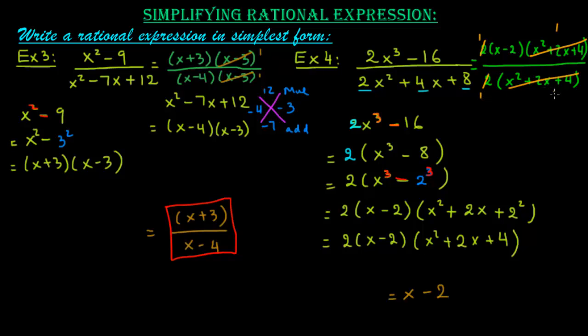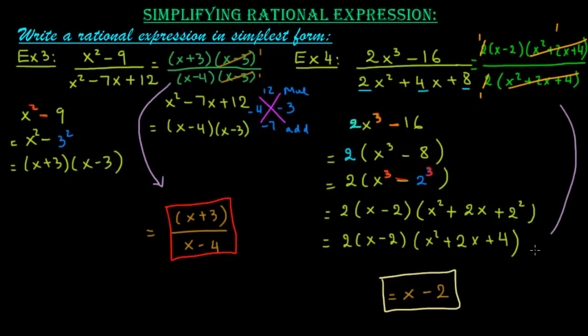And 1 times 1 is also 1, so x minus 2 over 1 is still x minus 2. And that is the answer for example 4. Okay, I want to make sure you see that I didn't write it so clearly: the answer right here is for problem 3, and this one is the answer for example 4.